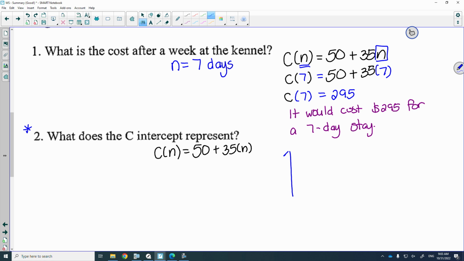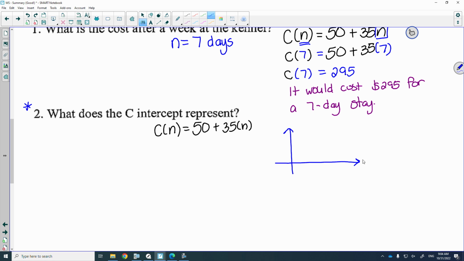If we were to graph this, and I said what goes on the x-axis, what goes on the y-axis, we know that this is where y would go, right? So C of N would go here, and this is the cost.